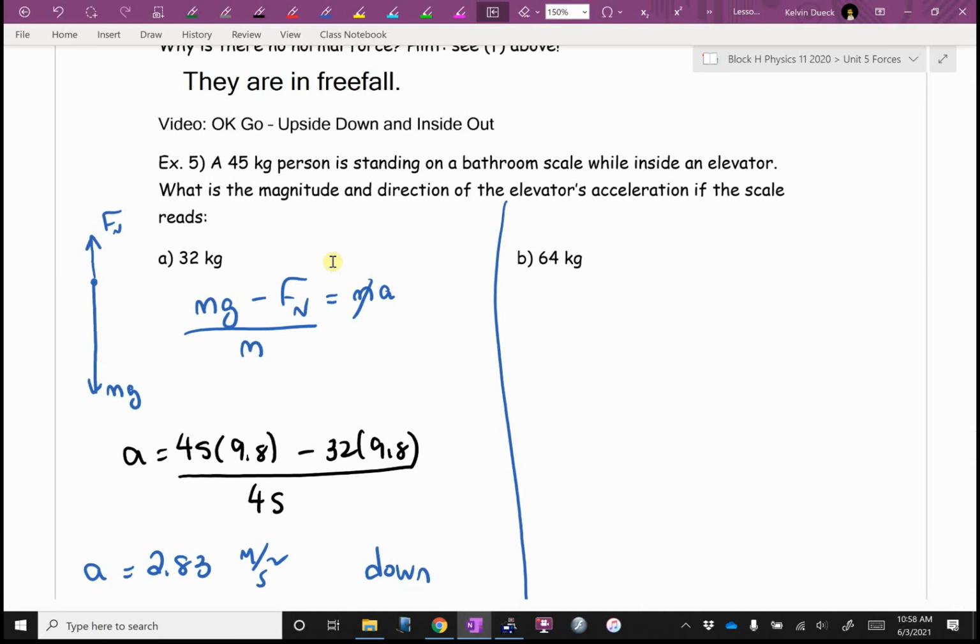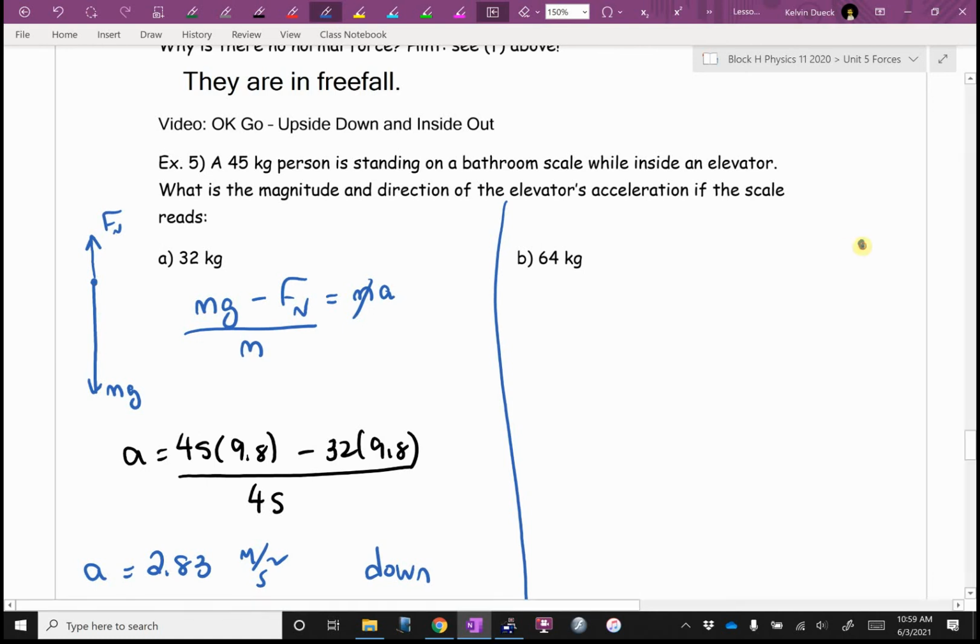Let's do B together. This is a job for a free body diagram. I got the word down there. It said magnitude, which means just give me how big it is, and direction. So don't worry about positives and negatives. What are the forces acting on this? Get the obvious one.